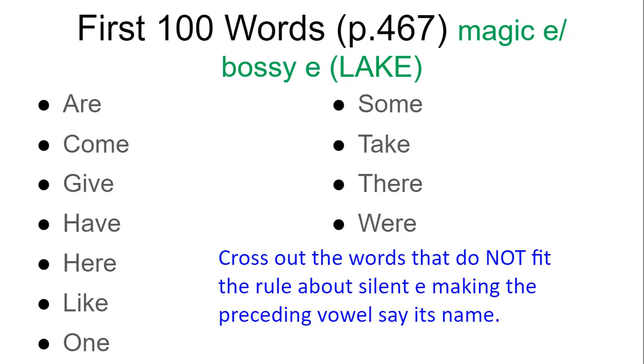For example, a teacher might say, remember the magic E. If you see the E at the end of a word, it makes the vowel have a long sound. And so we call it the magic E or the bossy E because it tells that vowel to be long. For example, in the word lake, the magic E is silent, but it's making the A be a long vowel.